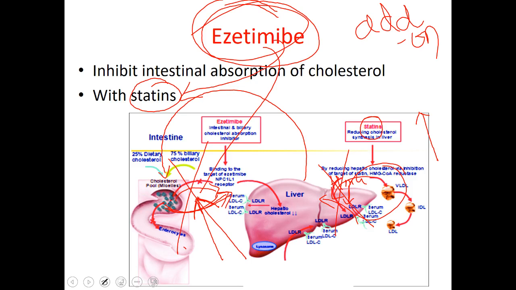When you're combining with statin, statin will take care of endogenous synthesis. Ezetimibe will take care of reducing exogenous cholesterol. So both will control LDL cholesterol. So this is used as add-on after a few months of use of statins.